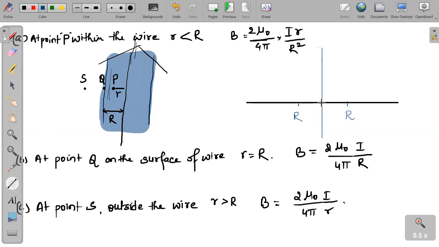It is going to look like, up to R, a straight line. Similar straight line here as well, till the boundary of the circular cylindrical wire, up till the boundary. Boundary के बाद क्या हो जाएगा? It is going to decay, and the decay curve is going to look like hyperbolic decay curve. Is that okay?